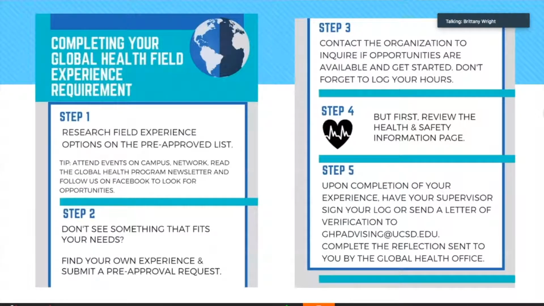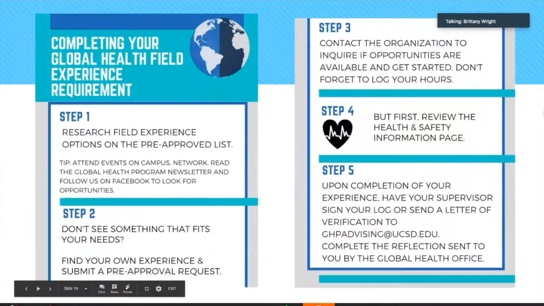So the steps to starting to find your field experience are to step 1, research the field experience options on our pre-approved list. Aside from our pre-approved list, you can attend events on campus, network. We send out a monthly and a weekly newsletter with many opportunities, and follow us on Facebook to look for opportunities as well.